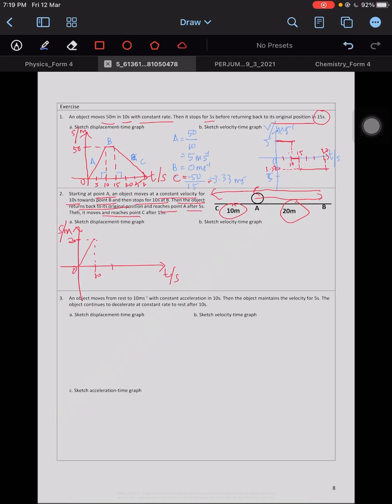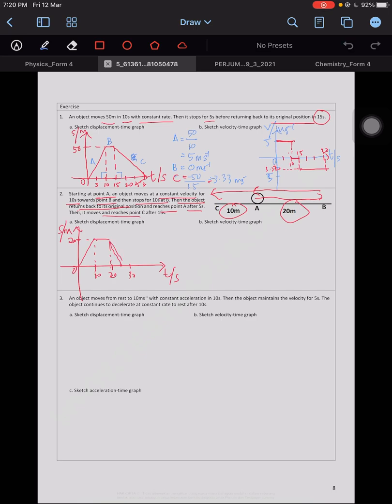Another 10 seconds, should be 20. Another 10 seconds at B. Then the object returns back to its original position and reaches point A after 5 seconds. So returning back takes 5 seconds. If this is 30, then this will be your 5 seconds.